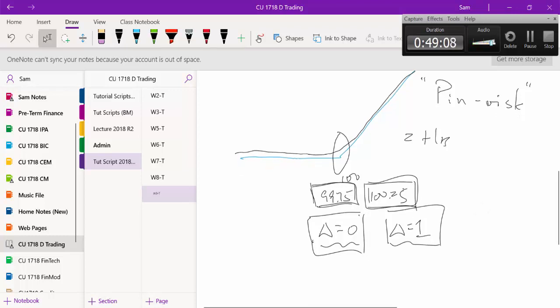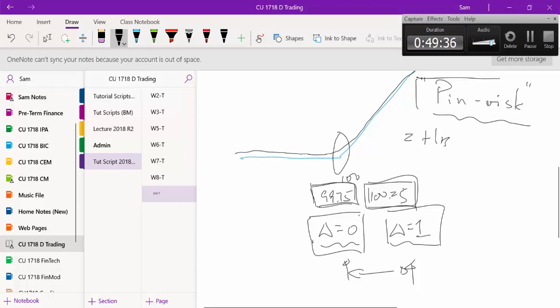So suddenly your option delta will go from 0 to 1 and back to 0 and back to 1. There is no way you can hedge it. When it is very, very close to maturity and very, very close to the money, you can't hedge it. I think you basically just have to take a view. And that is known as pin risk, because it's practically impossible to hedge.